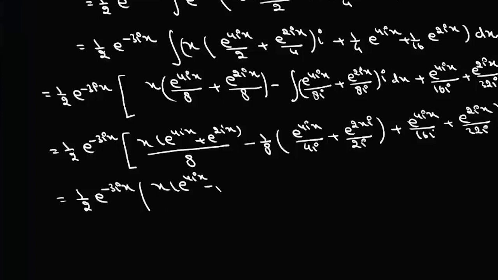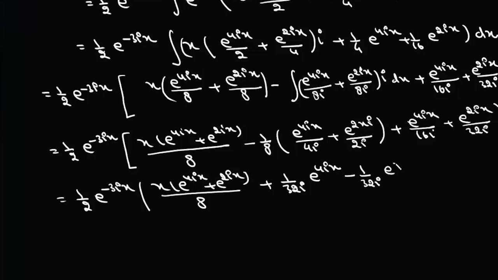Now this is 1 by 2 e to the power 3 iota x, this is x e to the power 4 iota x plus e to the power 2 iota x upon 8. Now this is minus 32 and plus 16, so there will be plus 1 by 32 iota e to the power 4 iota x, and this also is 32 iota and minus 16, so there will be minus 1 by 32 iota e to the power 2 iota x.